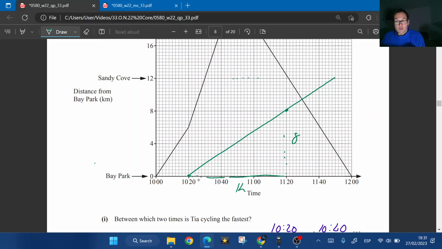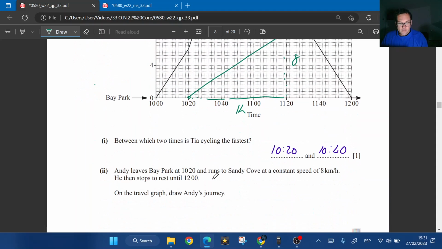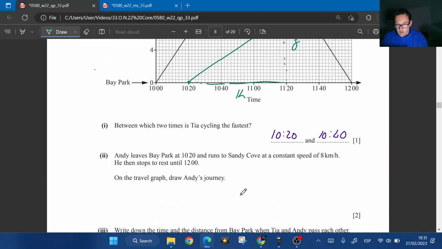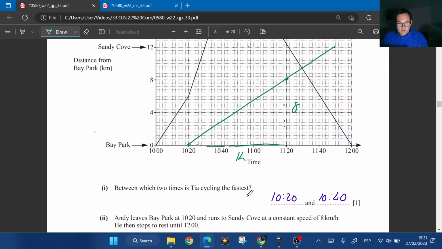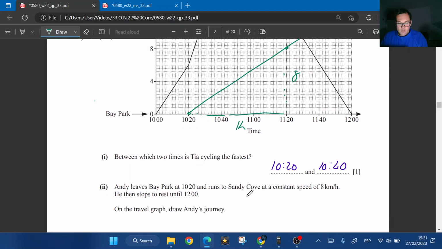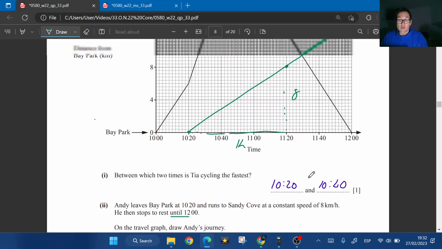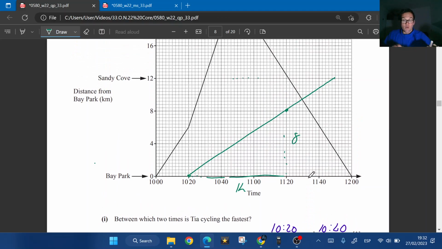He stopped when he got to Sandy Cove to rest until 12. So then, of course, he reached Sandy Cove a bit earlier and then he rests. So we need the flat line there. Rest is not moving.